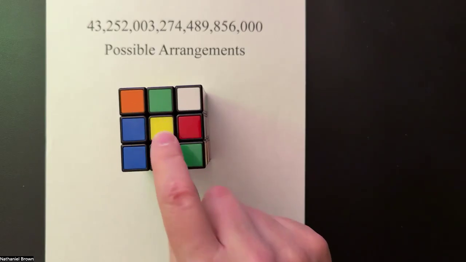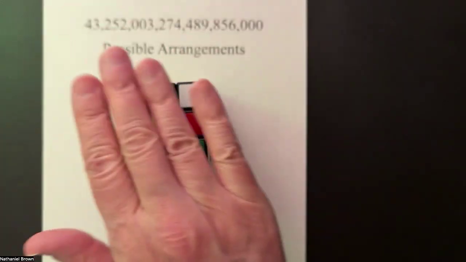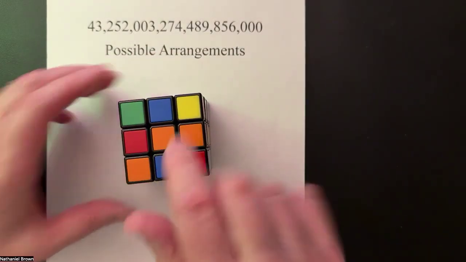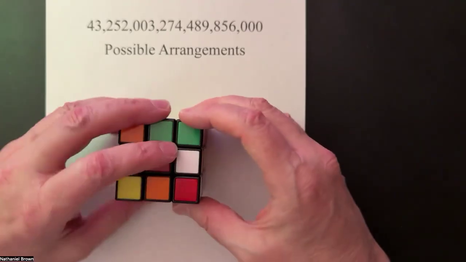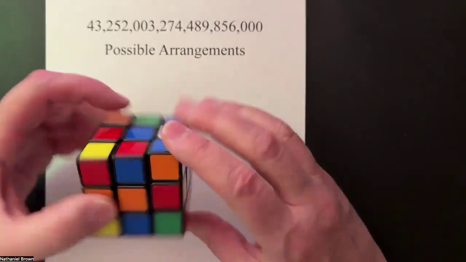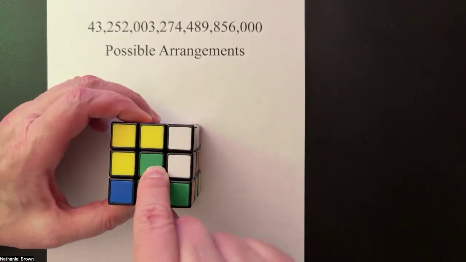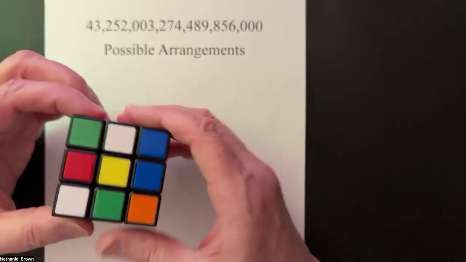So you can see the center square is yellow, so this has to be the yellow face, right? This is an orange center square, so this has to be the orange face, okay? So what's that? That's got to be the white face, okay? That's got to be the red face, the blue face, the green face, okay? So the center square always determines the color of that face, okay? There's no choice in it, okay?